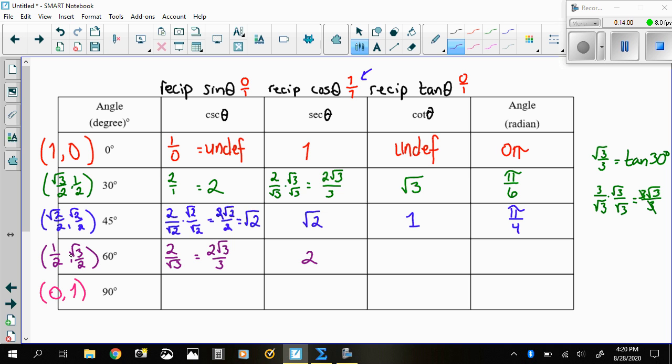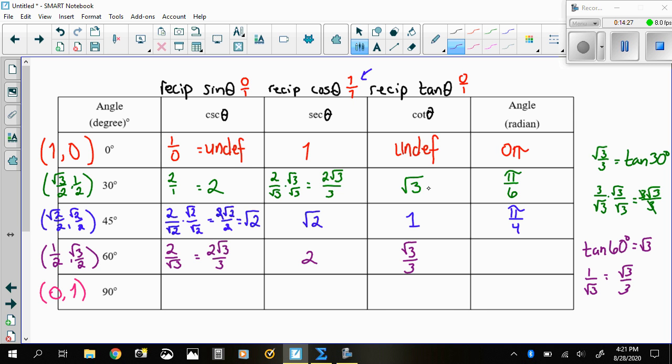Okay, and then here, the tangent of 60 degrees is just radical 3. So that means the reciprocal of that is 1 over radical 3, which gives me square root of 3 over 3, like we did on the first page when we simplified it down.